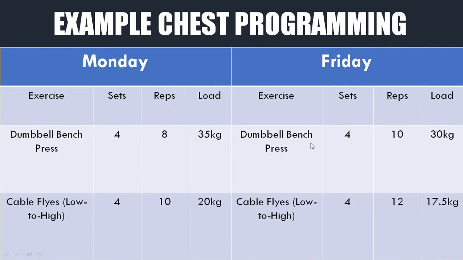However, the load and volume is going to be slightly undulated throughout the week. And the same thing here with cable flies. We have 4 sets of 12 now instead of 4 sets of 10, and we're going to have a slightly decreased load. But again, the actual effort is going to be pretty much the same.